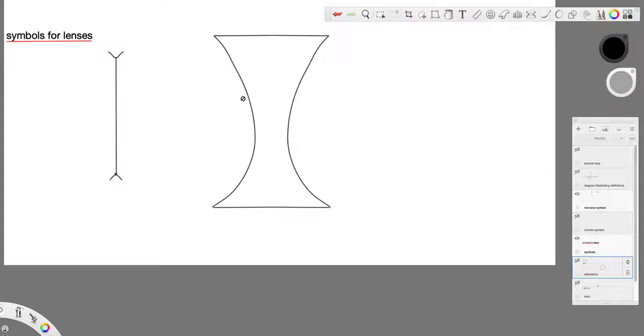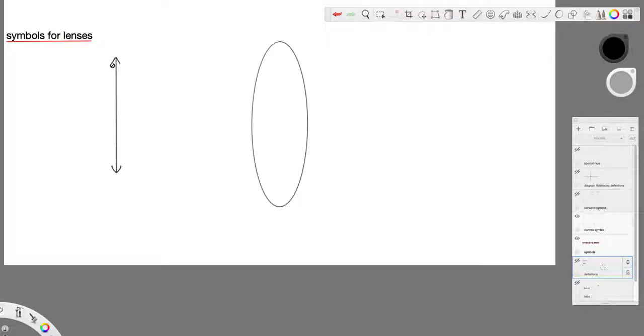This is what a concave lens might look like. Cave, bending inwards. And this is the symbol for it. Notice the difference between this and this.